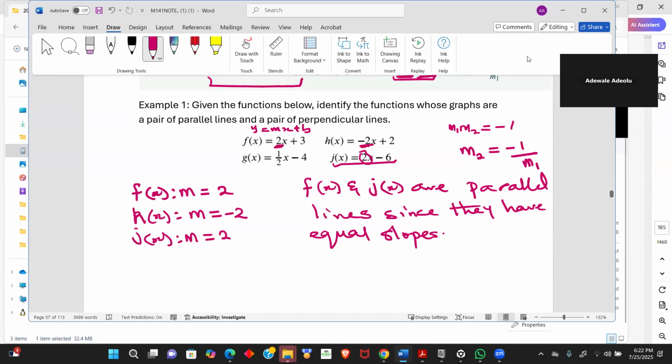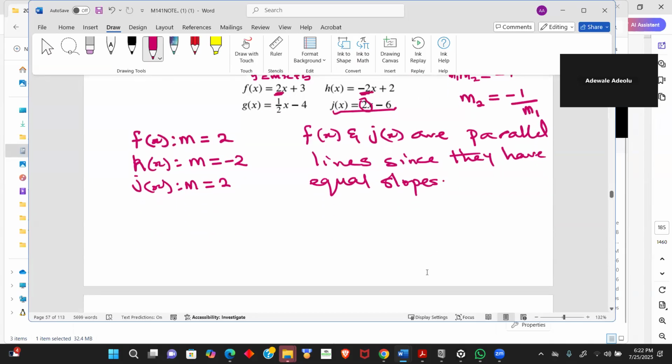Okay, that is that. Now, let us look at g, which we've not talked about. G of x has a slope of m equals 1/2.